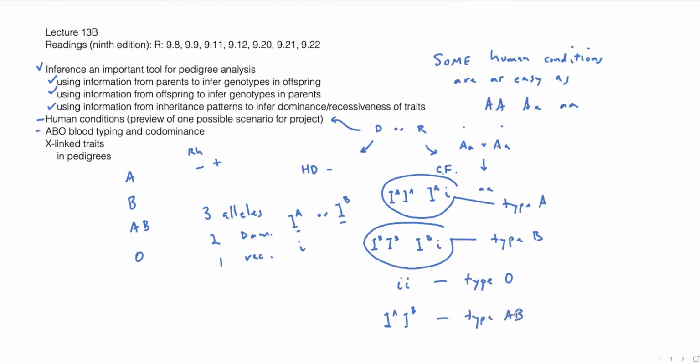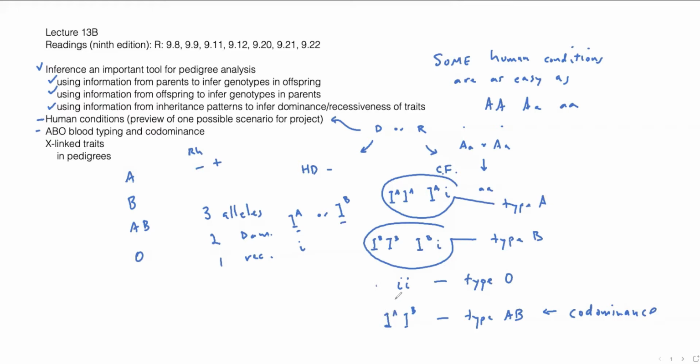If you have the 2 dominant alleles, they're both expressed, and this is a situation that they identify as co-dominance. So ABO blood typing is often identified as co-dominance because we've got 2 alleles that are clearly dominant, 1 allele that is clearly recessive, and it's something you should be aware of.